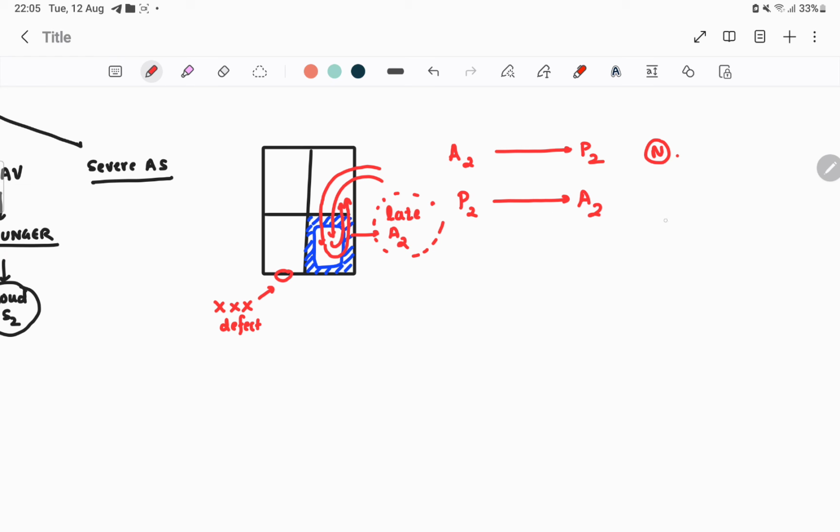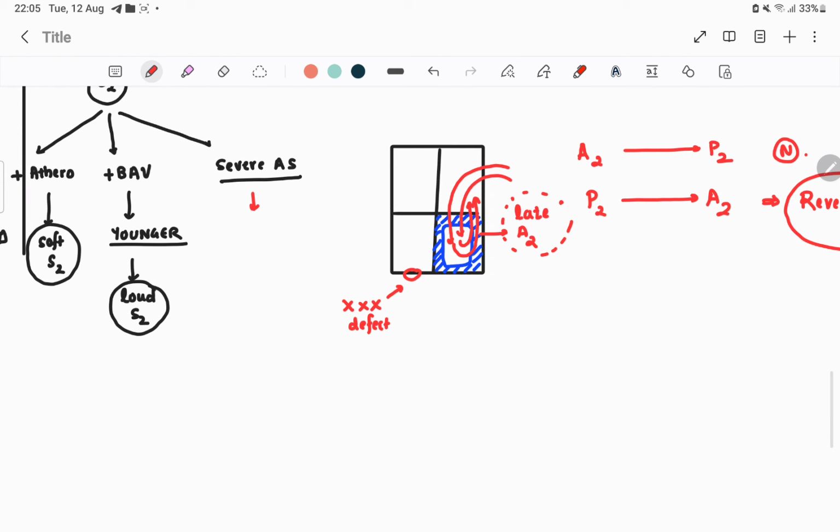So the sequence is P2 then A2, and this is called a reverse split S2. So here we'll have reverse split S2. This is a very common question.